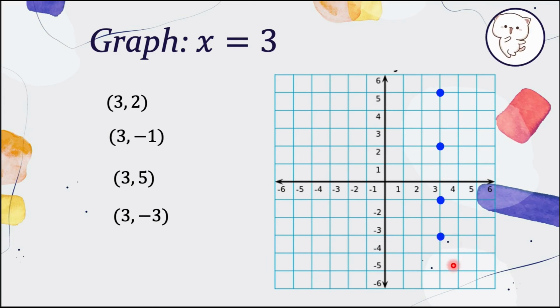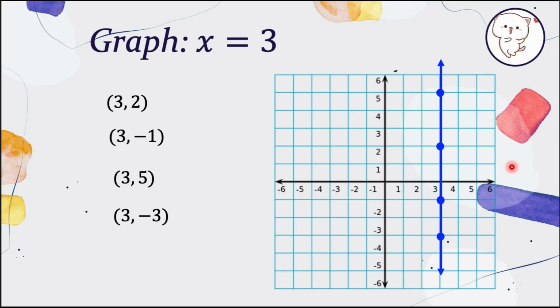And then as you can see, any point here will have the value of x as 3. So what we are going to do is simply connect these using a straight line to represent all the solutions in our equation where x is equal to 3.